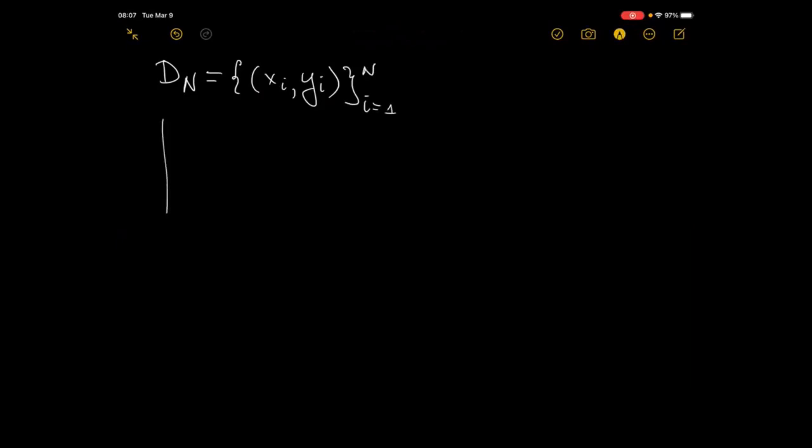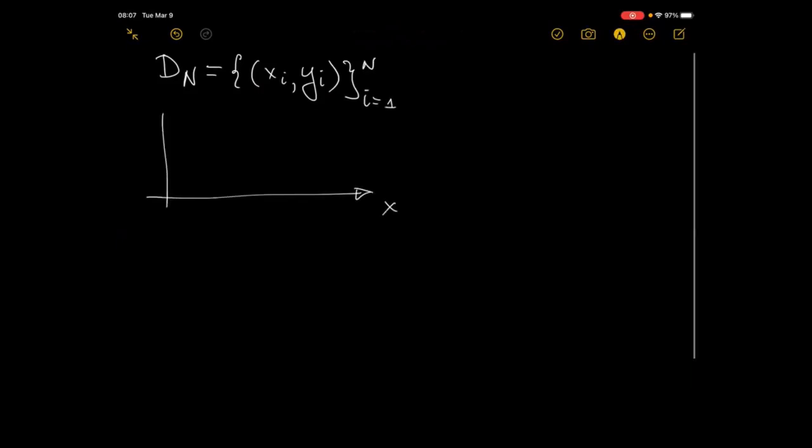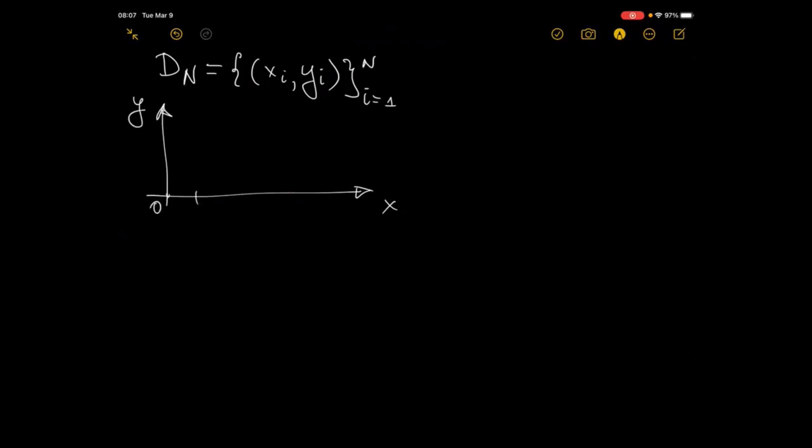So what it means is that on the xy plane, you have, pay attention, it's not necessary to have it in this particular order, but usually we order it, but it's not necessary. And for every x, you have corresponding points.